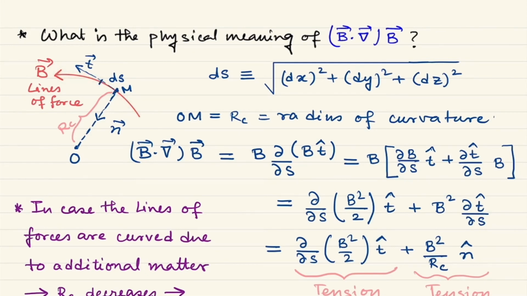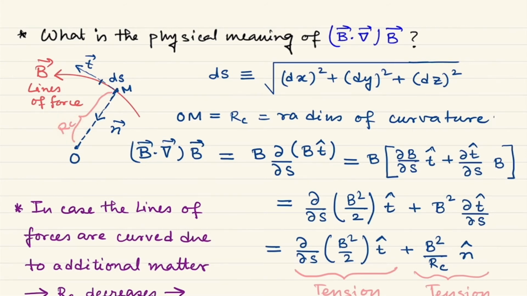Now I am simply interested in this small segment, and within this small segment the tangential direction is along t, small t, and this segment I call ds, and the curvature of this small part is given by the radius of curvature, this RC, and O is the center of curvature.